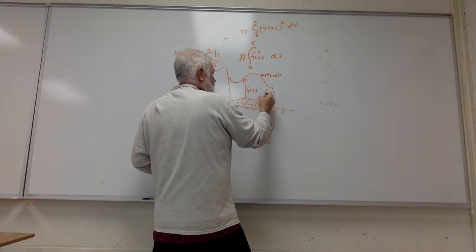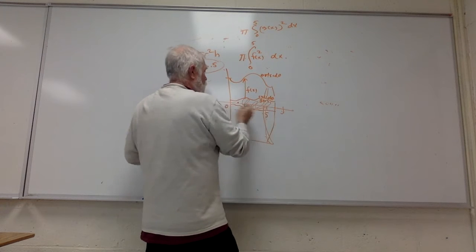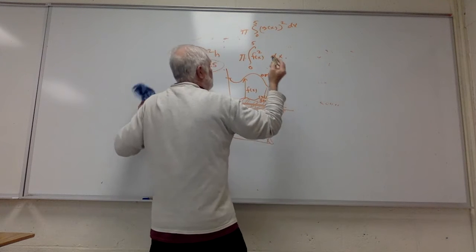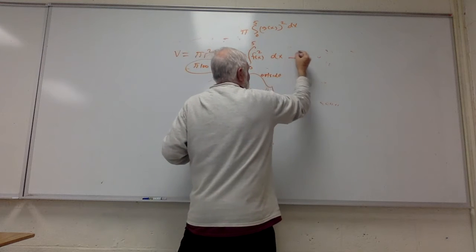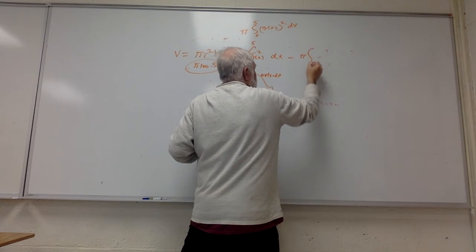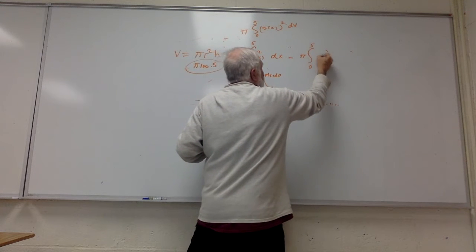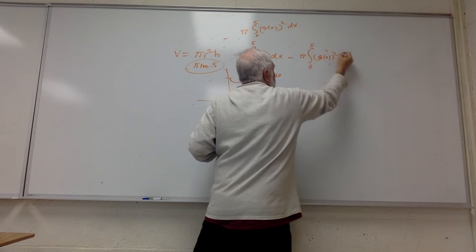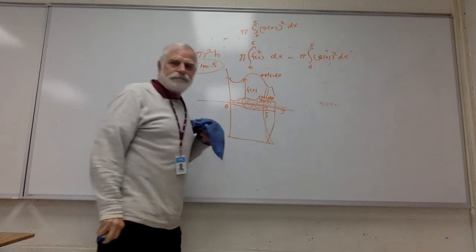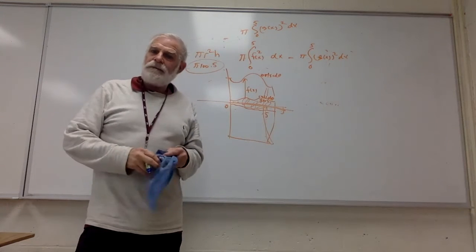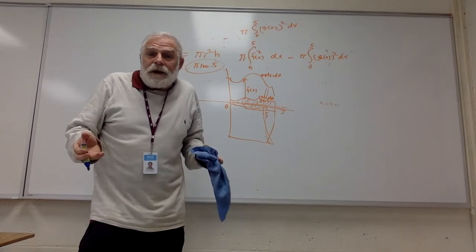Here's my inside edge disk. I'm going to rotate it around this axis. So I'm just going to subtract pi, 0 to 5, g of x squared dx. Okay? And that's the washer method.